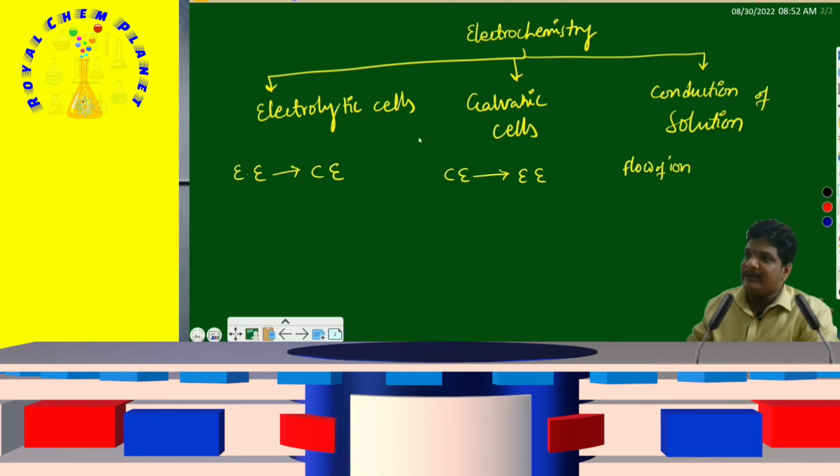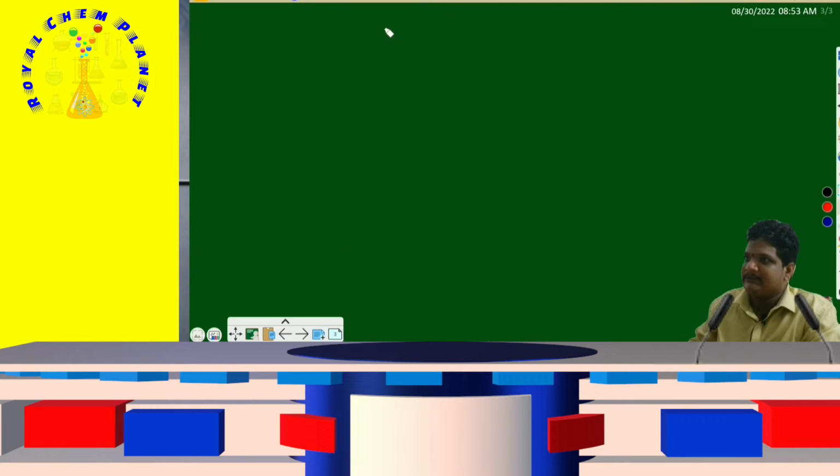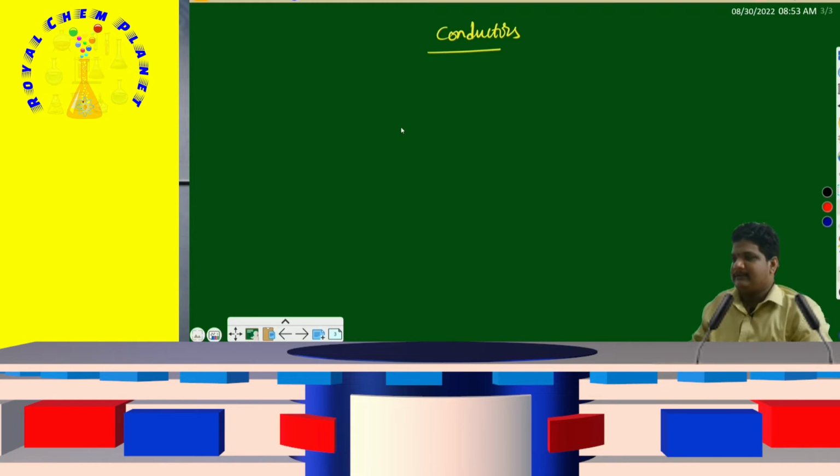Before going into detail, we will discuss some more important terms related to electrochemistry. That is conductors. What is meant by a conductor?